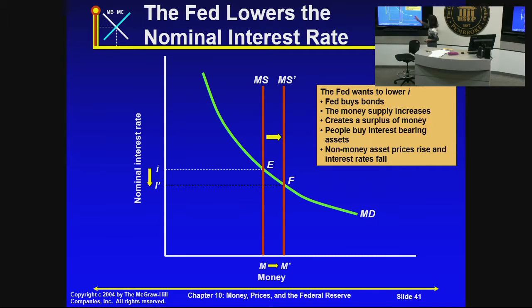If the money supply goes up and we have a surplus of money, that means too much money. So what do you do with too much money? You buy bonds. That's a good time to buy.